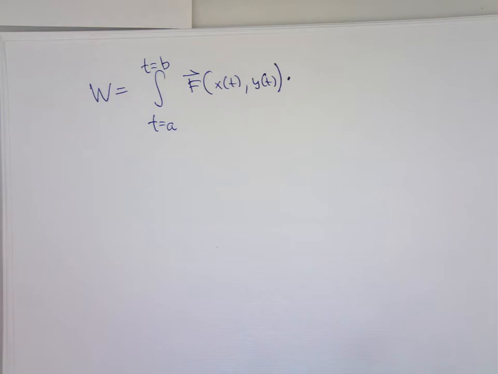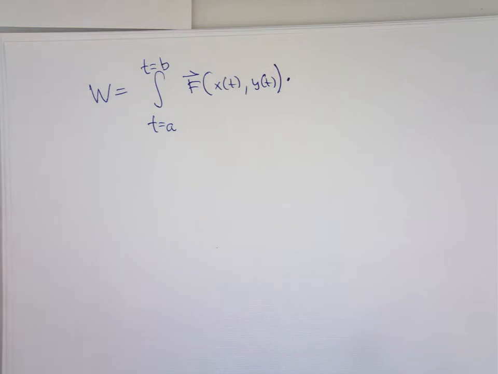How do you get to the unit tangent? We have a position vector r of t. Given r of t, our parameterization of the path, how do we find the unit tangent vector? It's r of t divided by the magnitude of r of t. No. Is it r prime?